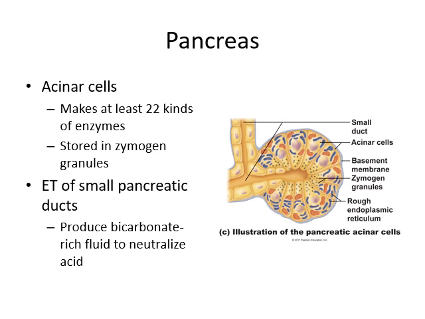There are two main cells, ET cells and acinar cells. The acinar cells that line the duct and feed ultimately into the main pancreatic duct make the zymogens, the different enzymes. At least 22 different types of enzymes are being made here.